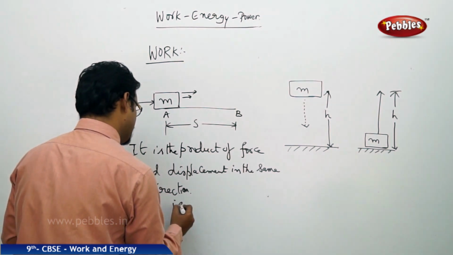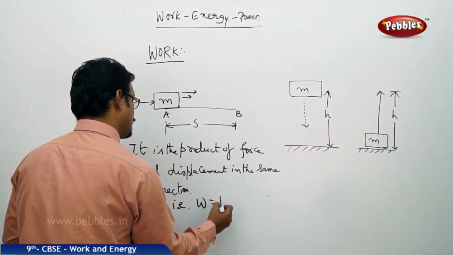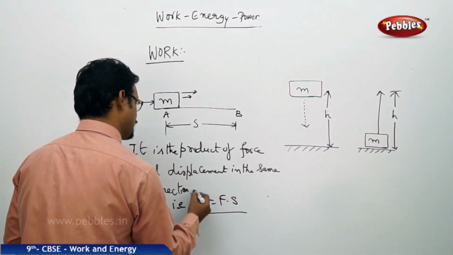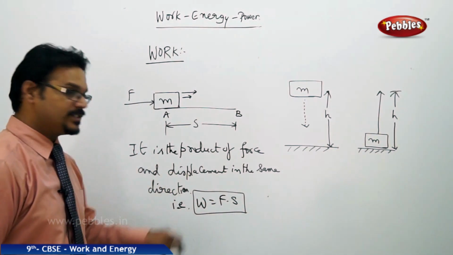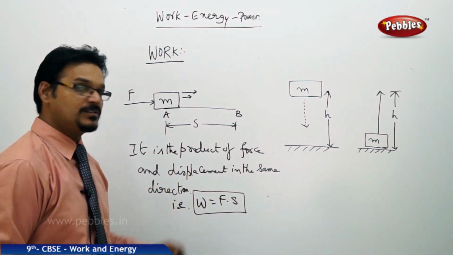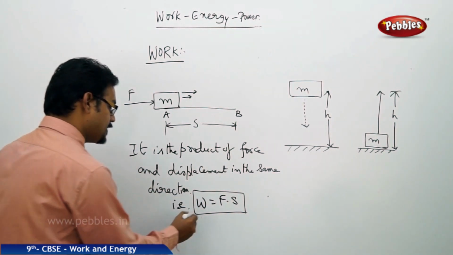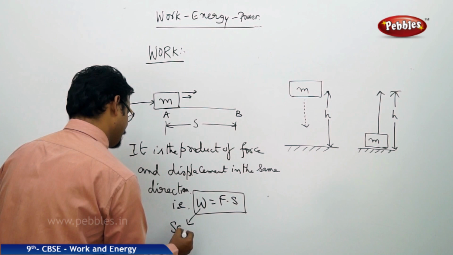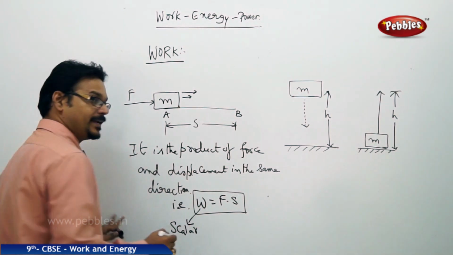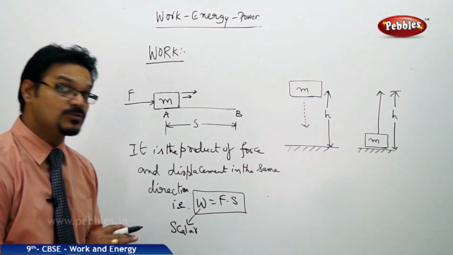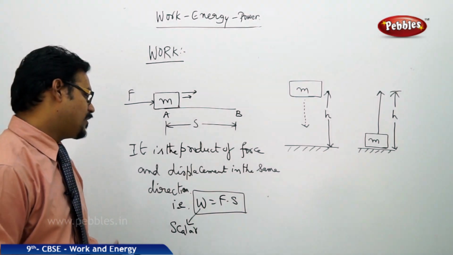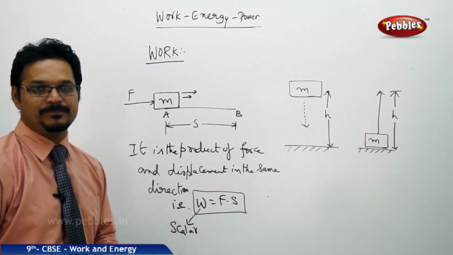So the formula is W equals force into displacement. See, force is a vector, displacement is also a vector, but work is not a vector. Work is scalar. It has only magnitude, there is no direction. So the formula is W equals Fs.